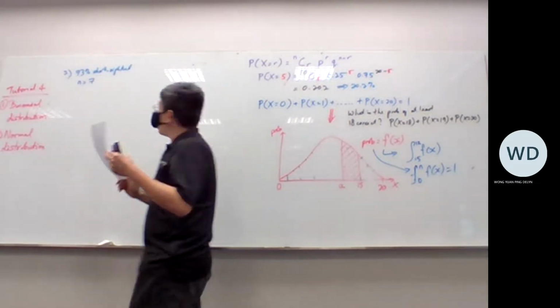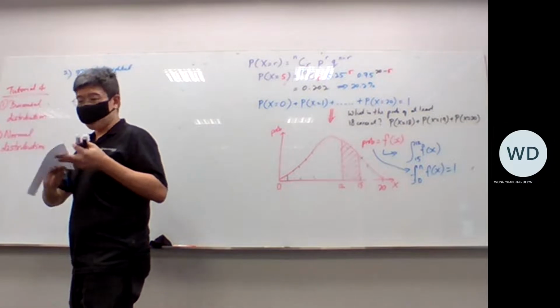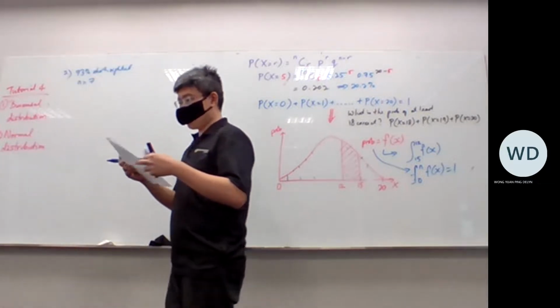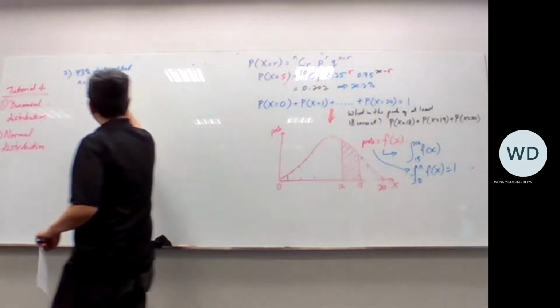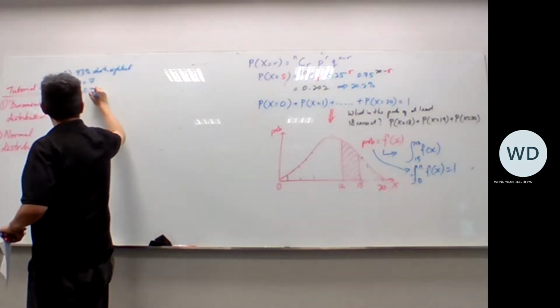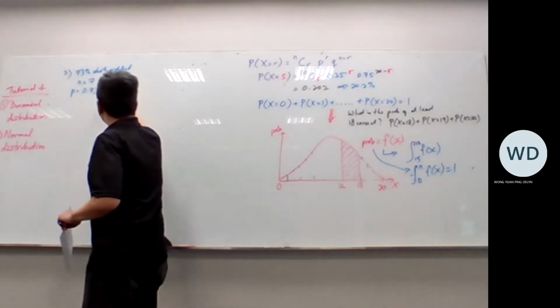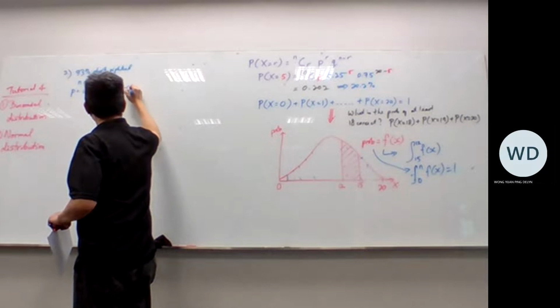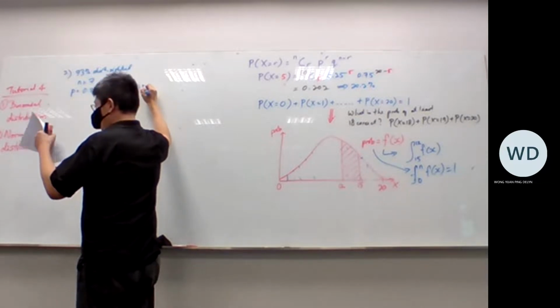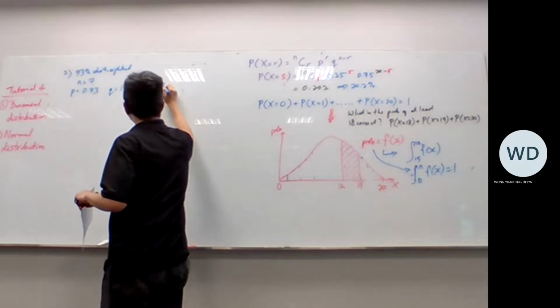What is the probability that all of them are short-sighted? So how do you do that? So the probability of short-sighted, which means that your P equals 0.73. Okay. Your Q is then 1 minus 0.73. That gives you 0.27.